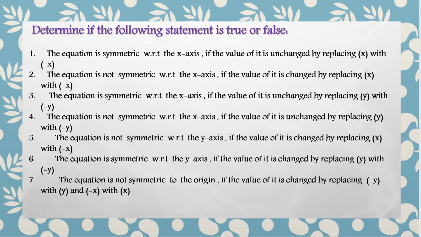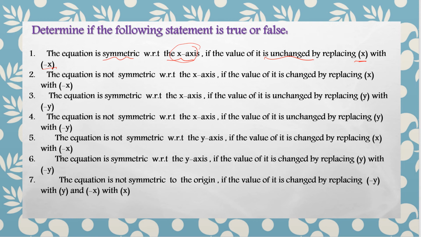True or false? Determine if the following statement is true or false. The equation is symmetric with respect to the x-axis if the value of it is unchanged by replacing x with negative x. Here we are asking about the symmetry with respect to the x-axis, so we need to change the value of y, not x.